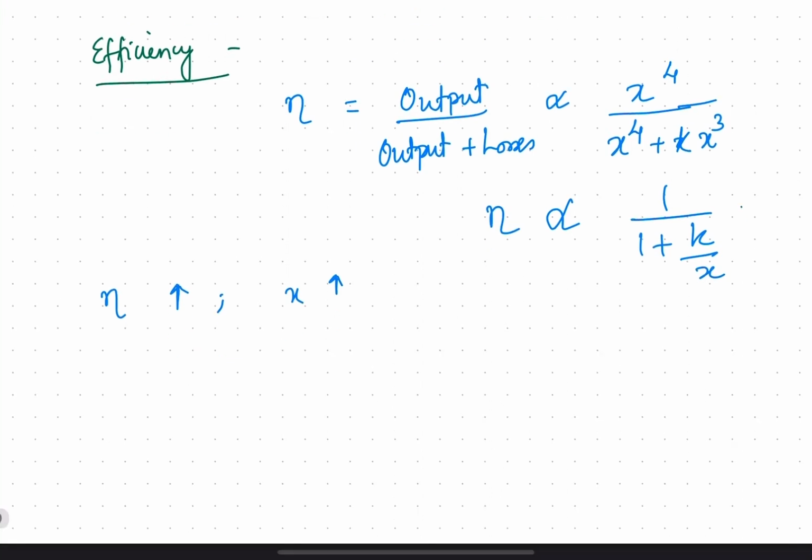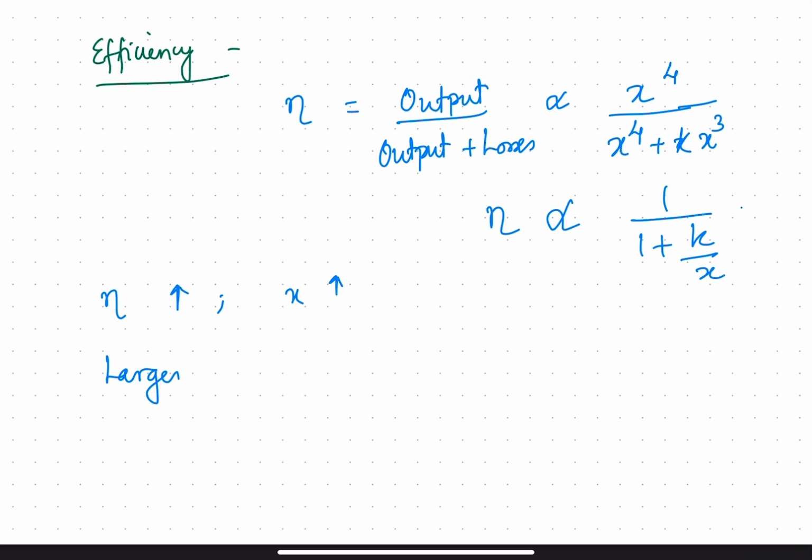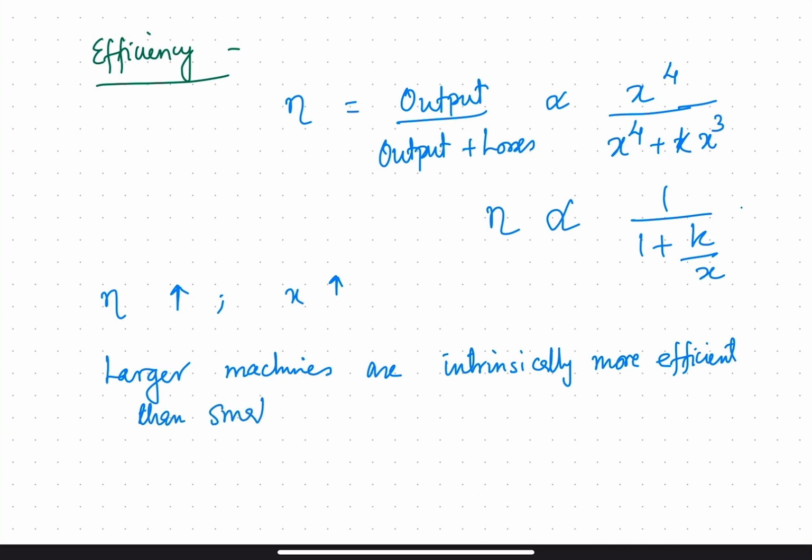So this brings us to the conclusion that larger machines are intrinsically more efficient than smaller machines.